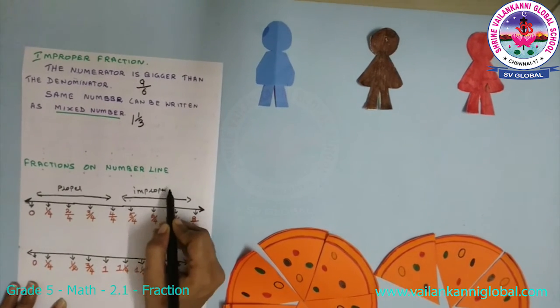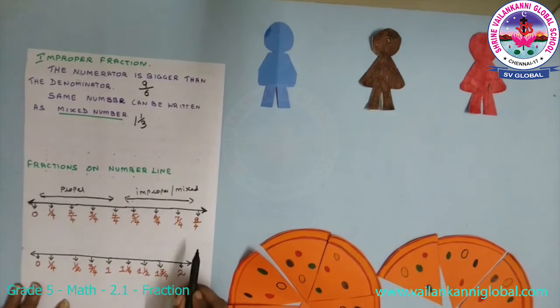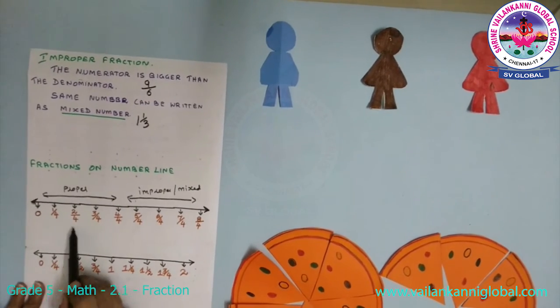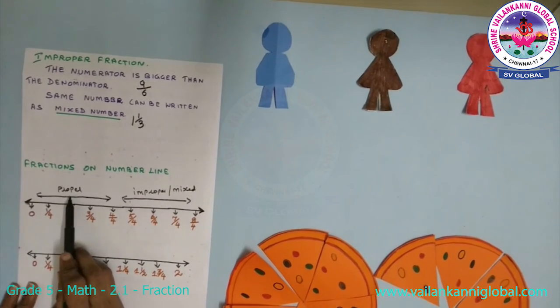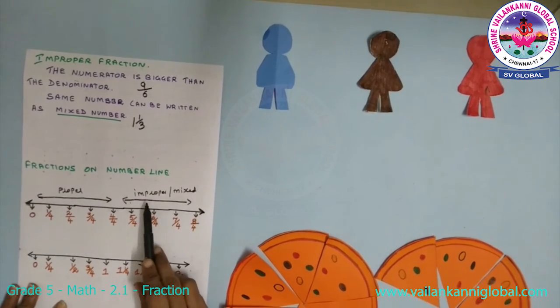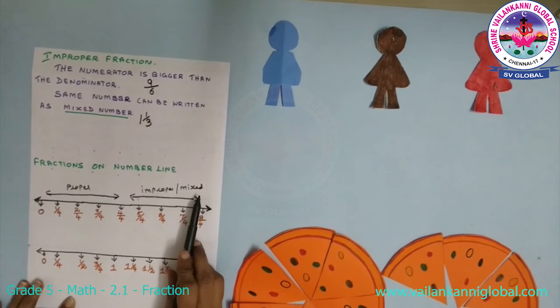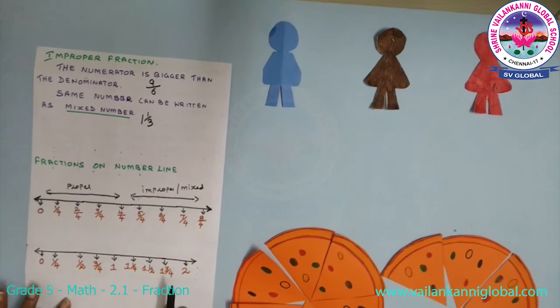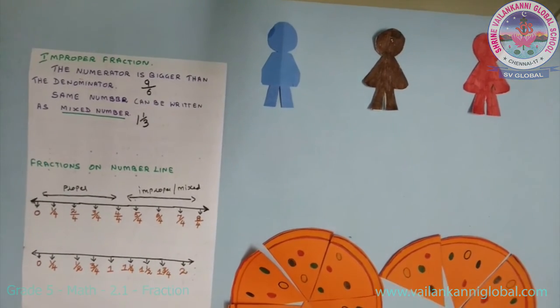All the fractions smaller than 1 are proper fractions, and the ones bigger than 1 are improper fractions or mixed numbers. I hope you understand what a fraction is and the types of fractions. Thank you.